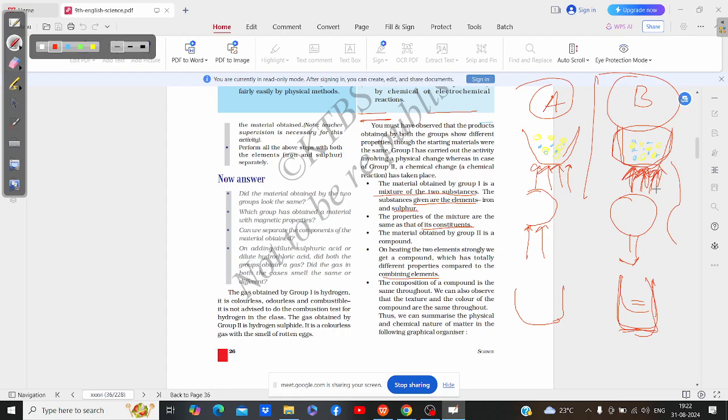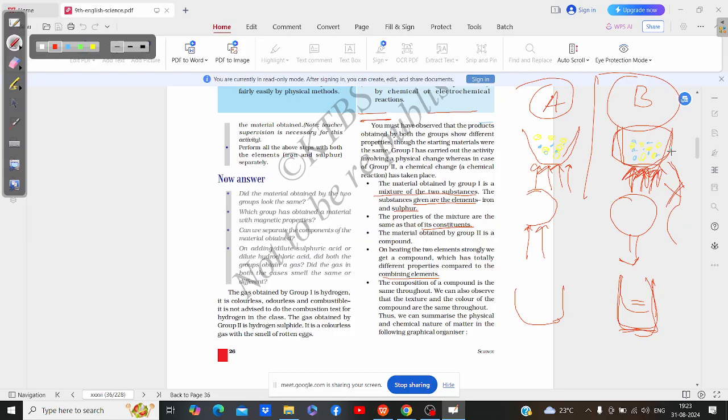Even if you heat that particular material, there is no change in the texture or in the color. This is one thing we have to observe in compound reactions. No texture or color gets changed, it will be the same throughout the entire process. That is one of the properties of a compound.